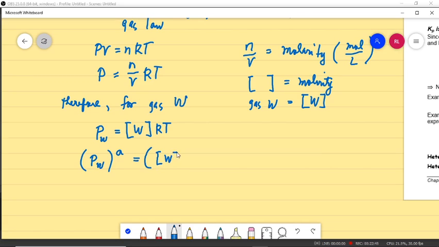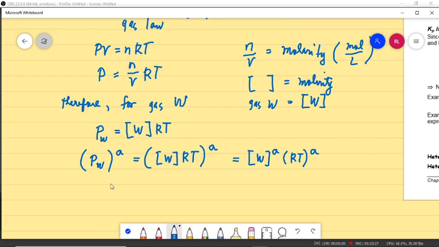Because our PW is this one, so concentration of W times quantity RT raised to the power of A. If you apply the law of exponents, this is just the same as the concentration of W raised to A times RT raised to A.